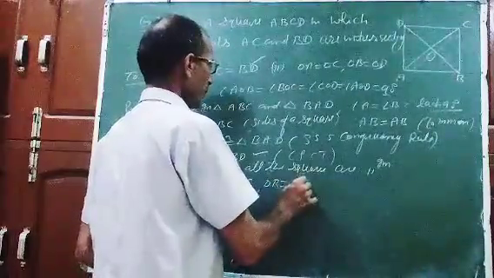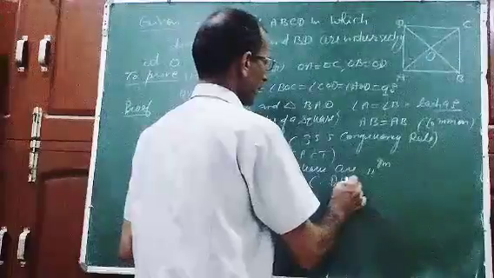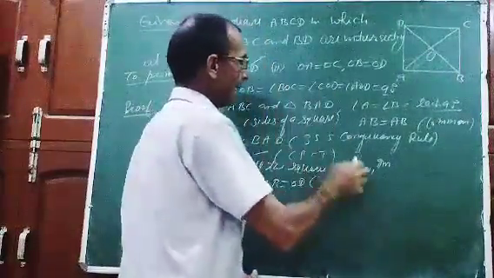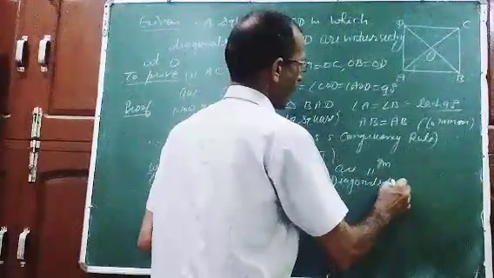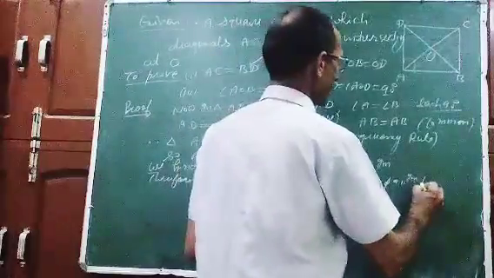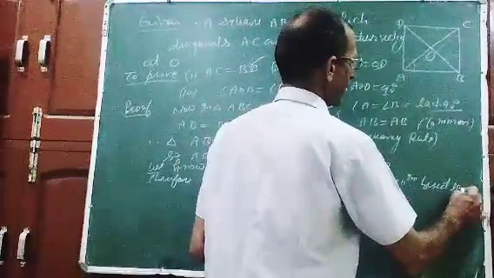OB is equal to OD, because diagonals of a parallelogram bisect each other.